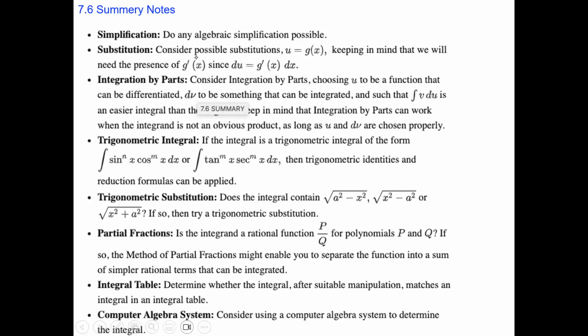But if U substitution is not working, we have more tools, more techniques: integration by parts, some selected trigonometric integrals, and trigonometric substitution, an important technique to simplify especially radical expressions. Partial fractions decomposition for rational functions. And integral tables or computer algebra systems, we didn't really talk about this, so please ignore it.